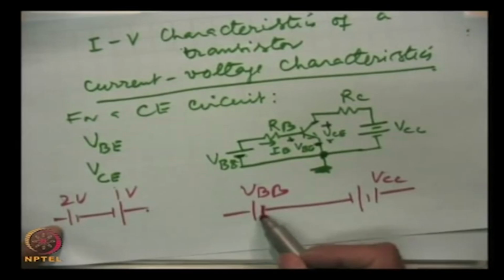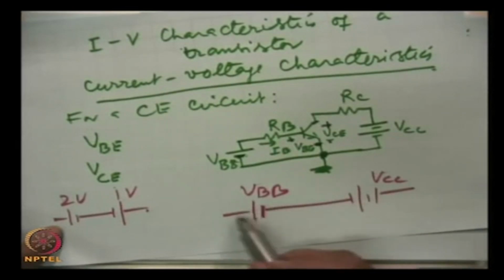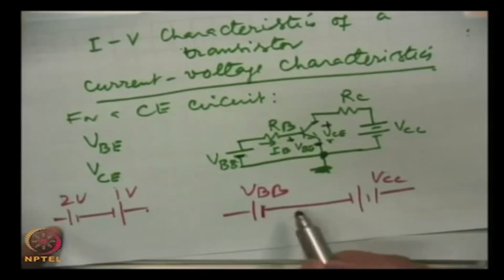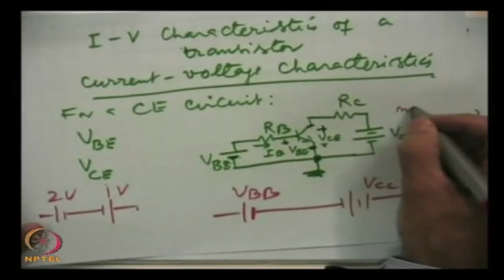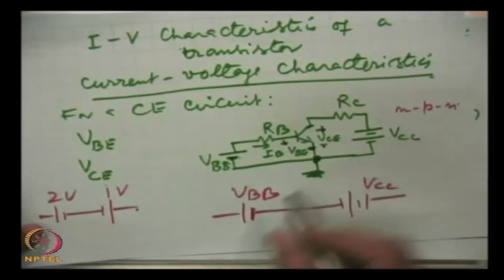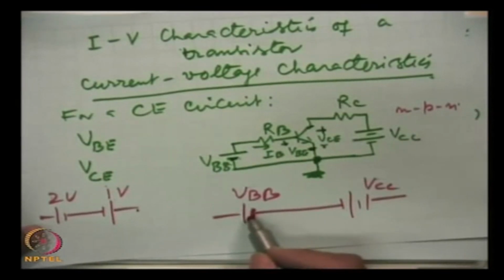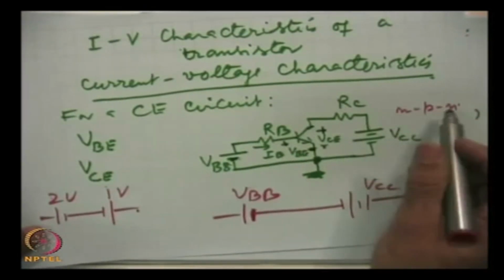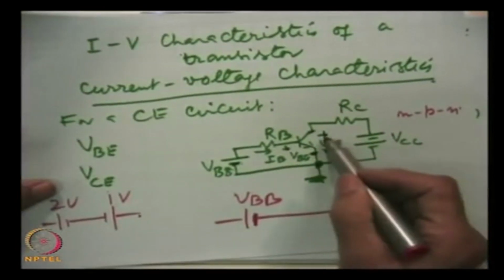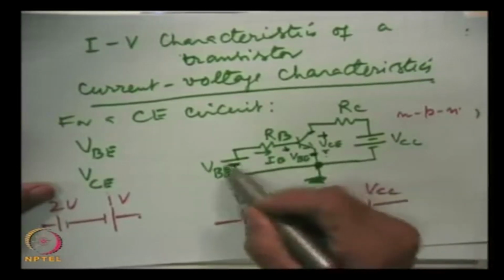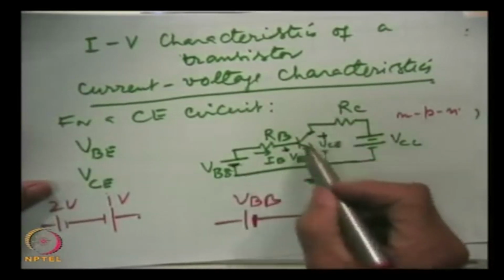So, this is negative, and when this is small, this battery will be dominating, and hence this is negative. This is an NPN transistor, collector is N type. When it gets N battery connection, it becomes forward bias. So, for very small values of this VCE, this battery will forward bias this junction.